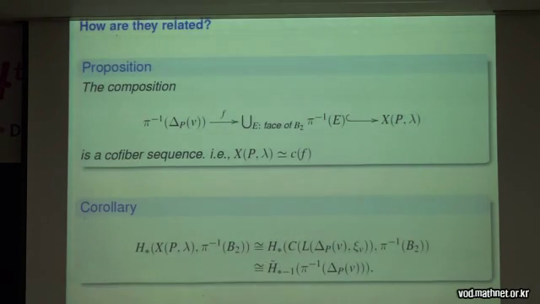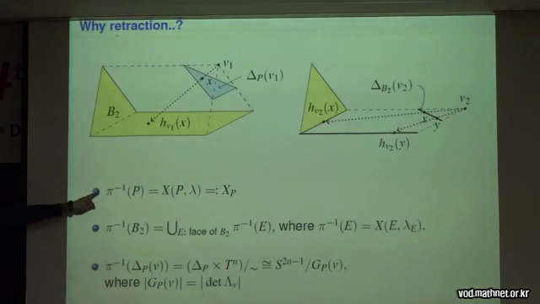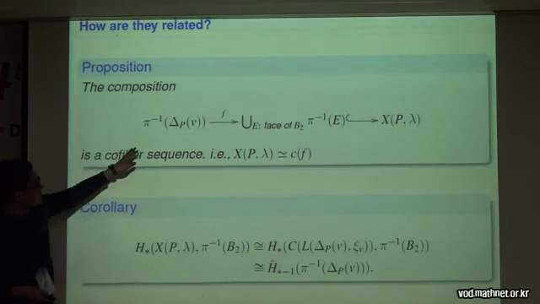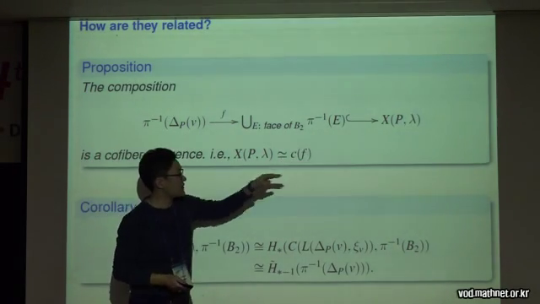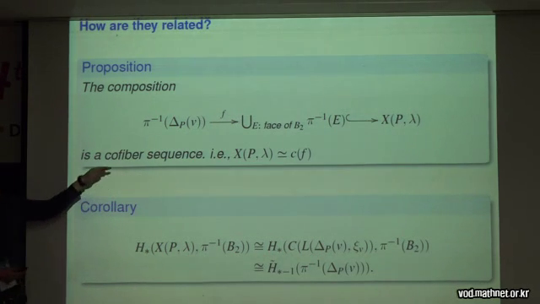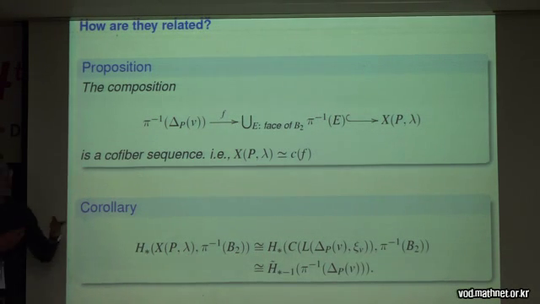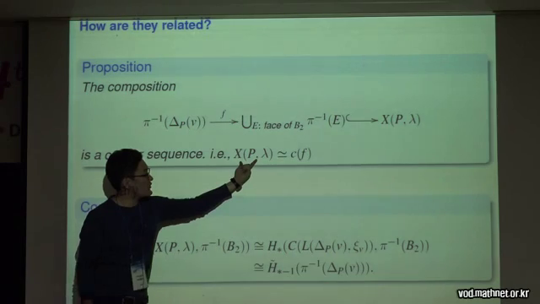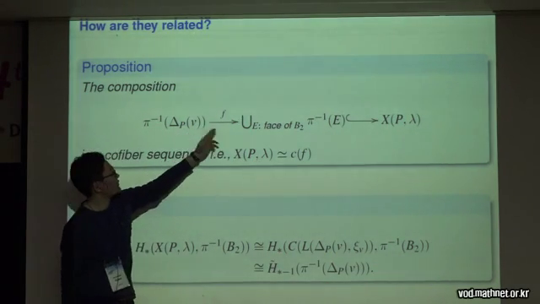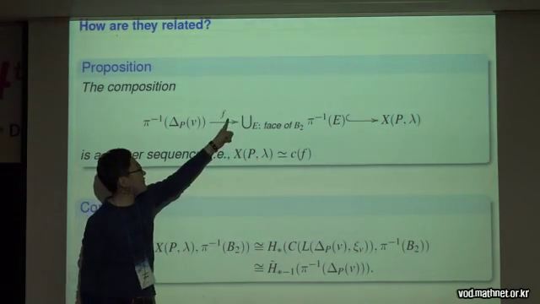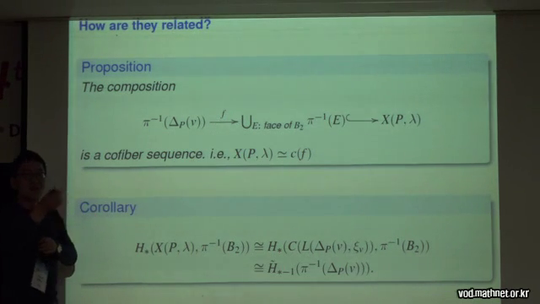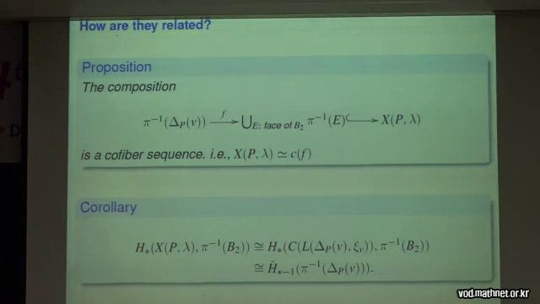All right, so these three spaces are connected in a nice way by a cofiber sequence, and this says that the original toric orbifold is a mapping cone of this map. This F is induced by the map which I described before, the straight line map.